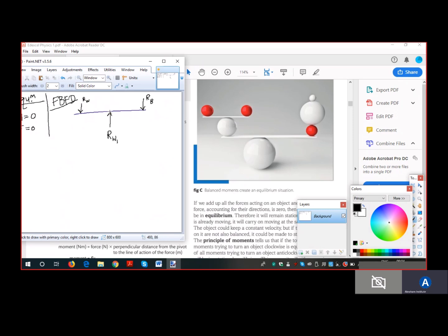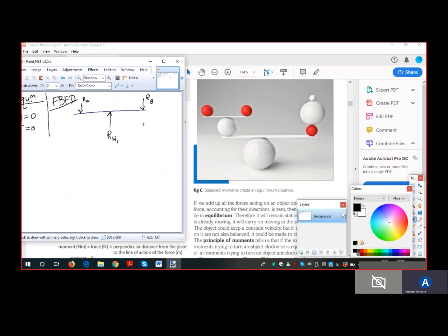Now there is another force, which is the weight of the plank. If this is a uniform plank, the center of mass will be at the center, because mass is distributed evenly, so the weight force will act from the center of mass. But for this calculation, we'll assume the mass of the plank is negligible.